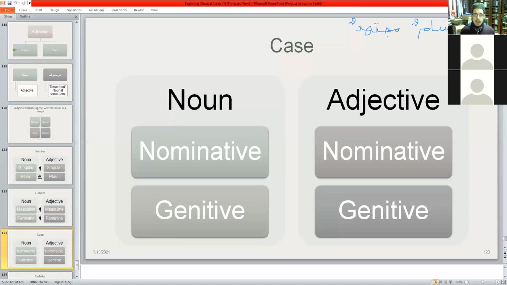Okay? What if we had a different scenario where it wasn't going to be marfu'? Let's be crazy for a second. Let's make it the object of a verb. We haven't really learned verbs yet. That's okay. Ra'aytu, which means I saw, musliman mujtahidan.